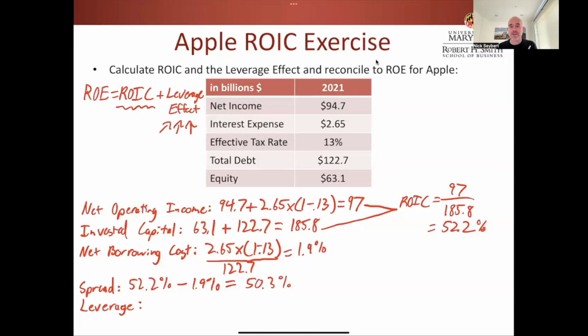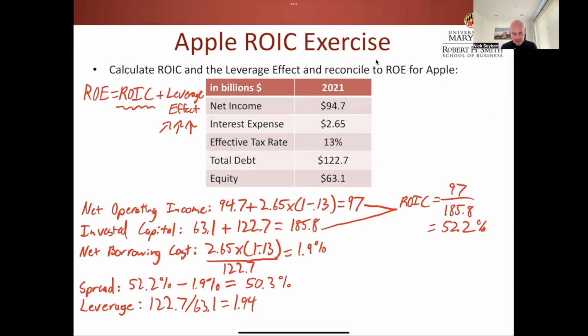As we did in the simple example, this is our core, what you learn in finance class leverage ratio. It's just the raw debt to equity ratio. So the leverage ratio is the 122.7 divided by 63.1, which equals 1.94. Okay. So for every dollar of equity, Apple has $1.94, almost $2 of debt.